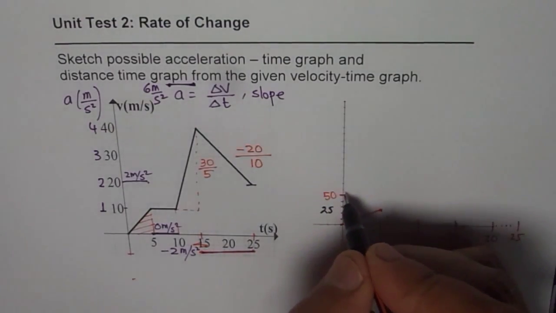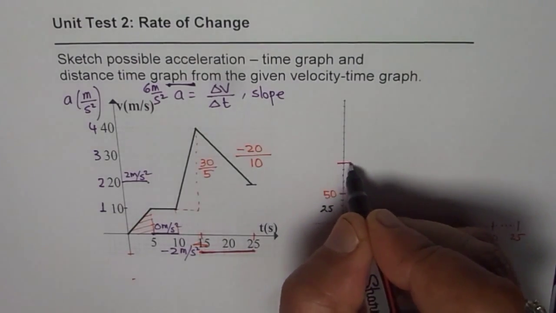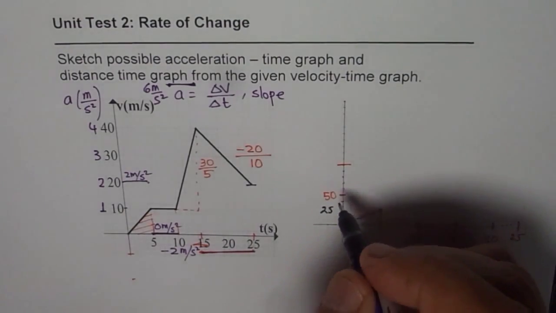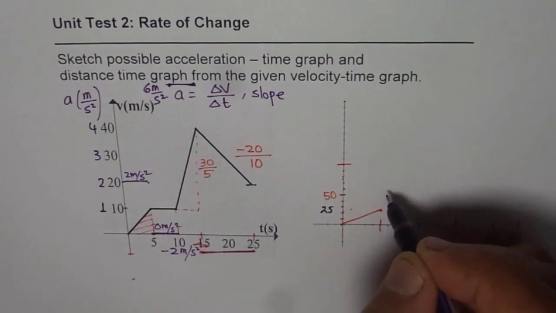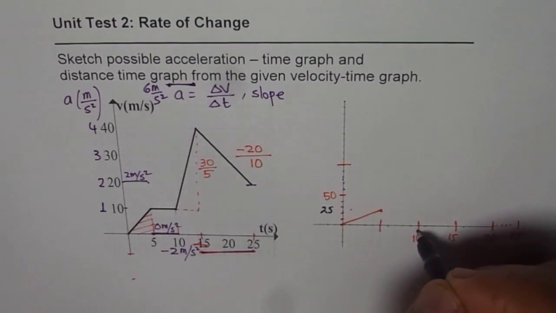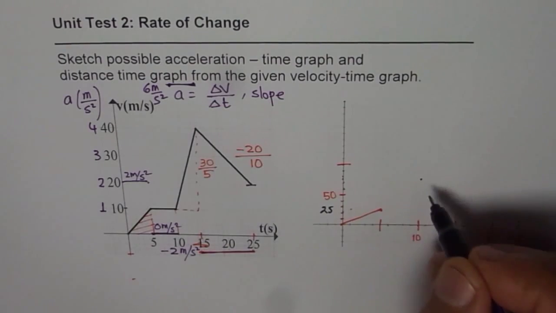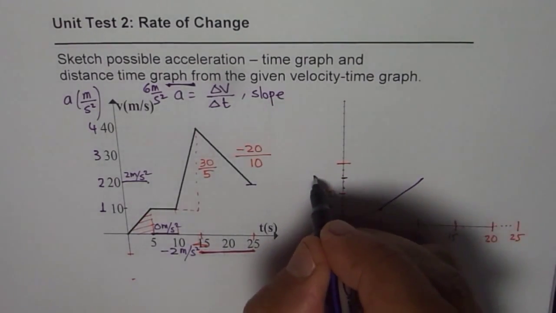So this is 50, and this is 100, right? So 75 will be 50, 60, 70, 75 will be here. That is at 10. So at 10 seconds we are at 75. So this is the next slab, and we are at 75 now.